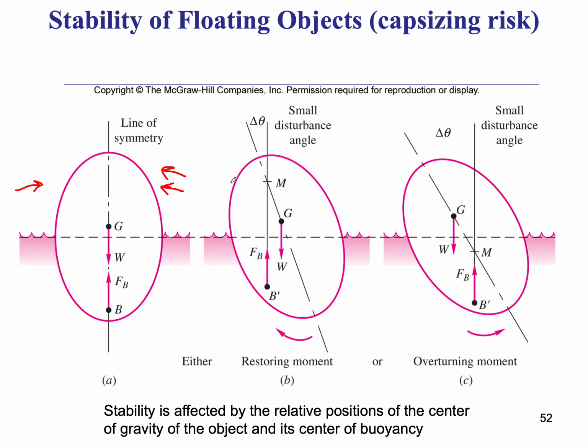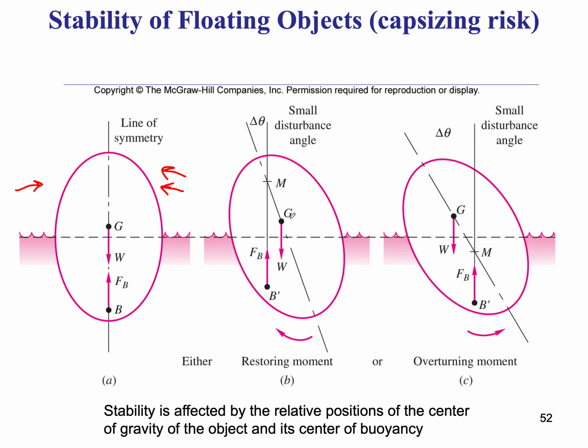We're making the assumption that we have this disturbance which comes from a wave or from some other source. But let's say it's a wave that pushes us and causes the object to be inclined at an angle delta theta.